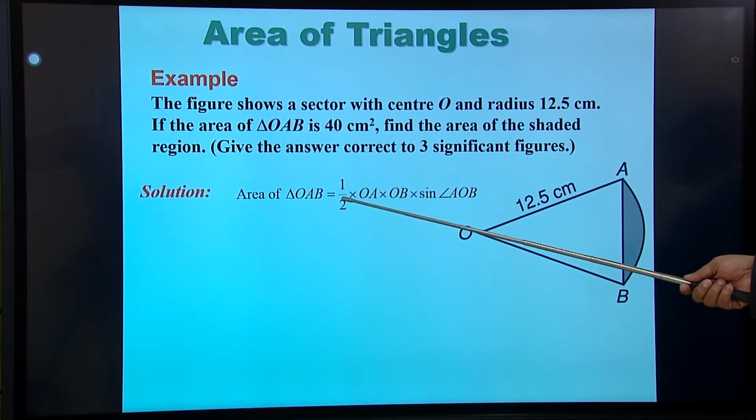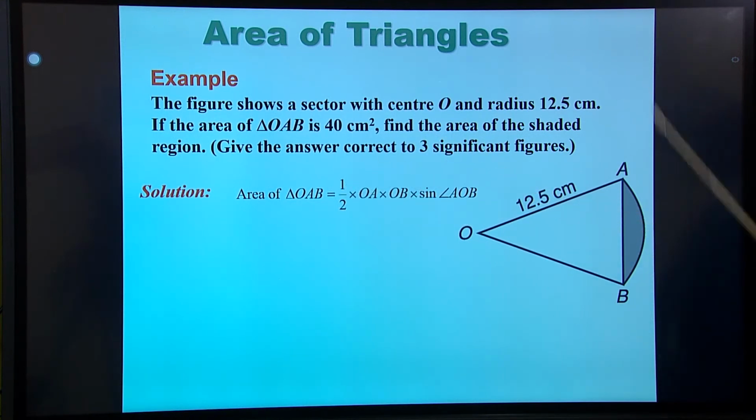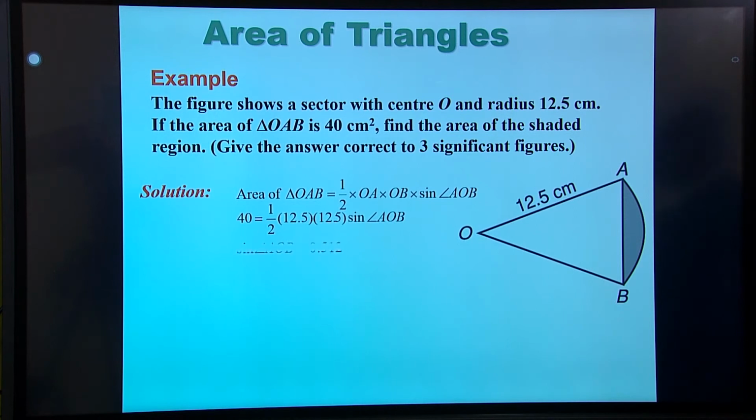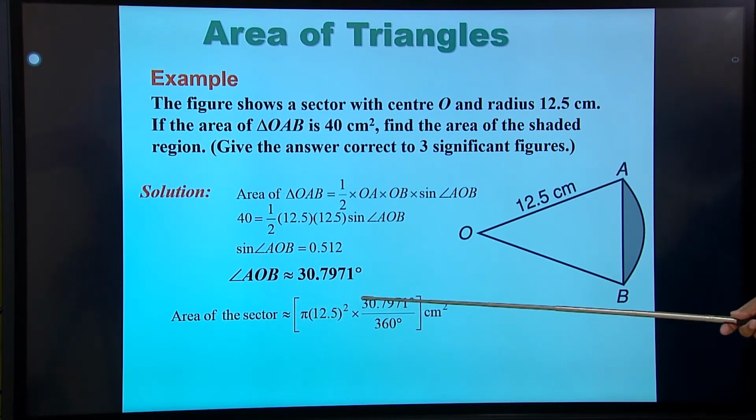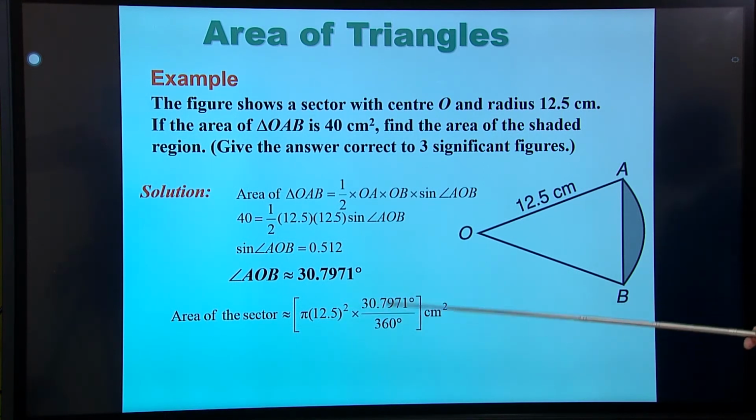And I can do that using the area for the triangle, half AB sine C. And if I solve that, you will see sine of AOB is 0.512, which means the angle is 30 degrees. Okay? And using that angle, I can then work out the area for the sector, which is the fraction of the entire area of a circle, which is pi r squared.